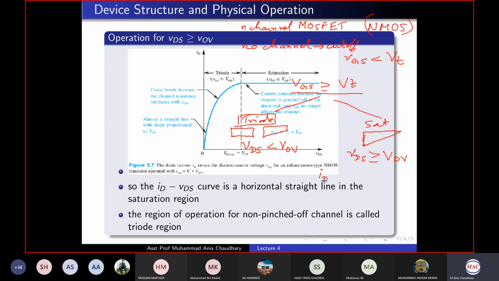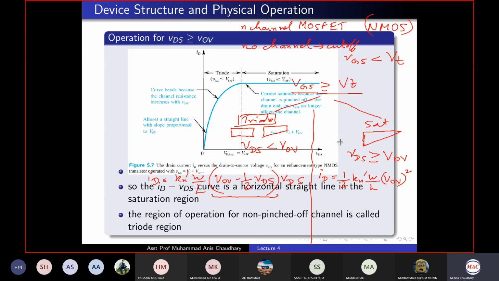जो रिलेशन है सैचुरेशन के लिए it is ID is equal to half Kn prime W/L VOV squared. ट्रायोड के लिए जो रिलेशन है आपके पास वो है ID is equal to Kn prime W/L VOV minus half VDS times VDS. रिकॉल करें ये एवरेज वैल्यू हमने निकाली थी VOV minus half VDS. So this is what we have. ये तीन मोड्स हैं जो कि n channel MOSFET में एग्जिस्ट करते हैं.